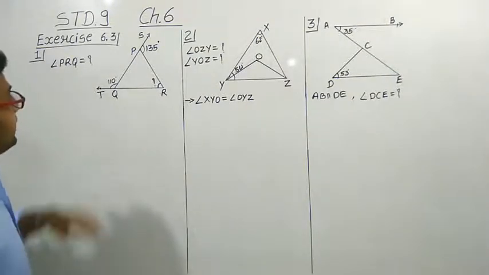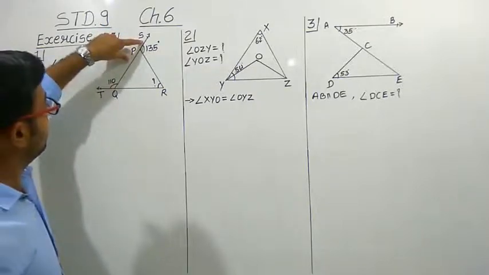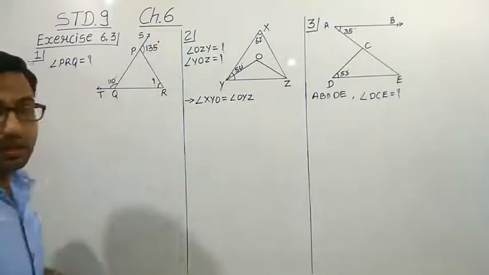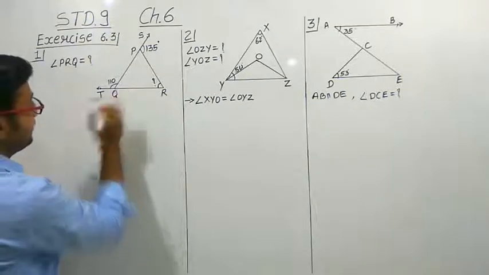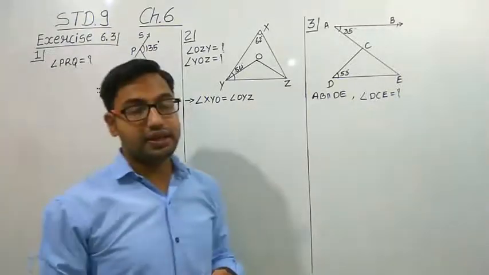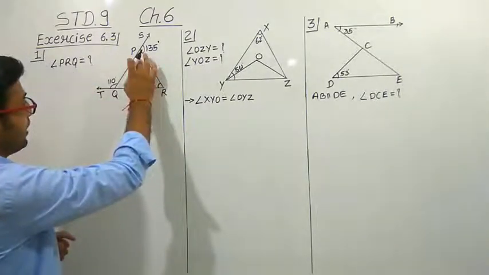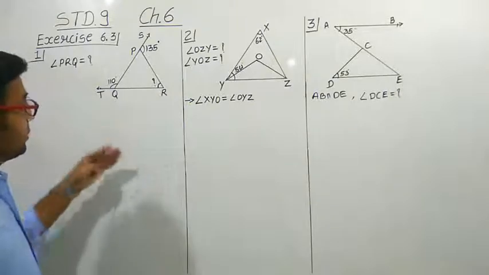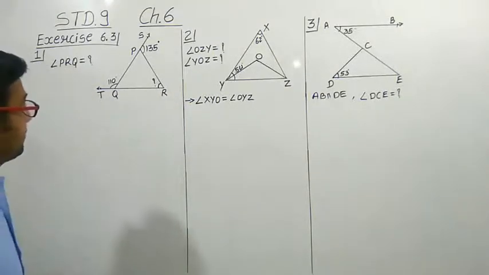First, we can apply the linear pair concept to get this angle at P, and in the same way here also, we can get this angle. Then we apply the angle sum property of the triangle: these two angles are known, and we can find this angle because the sum of all three angles must be 180 degrees. So this is the first method.